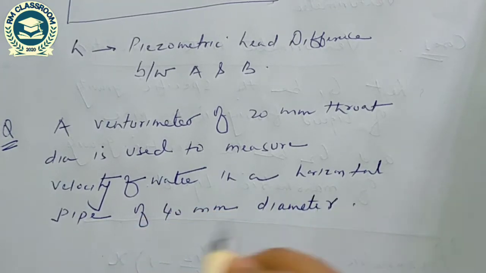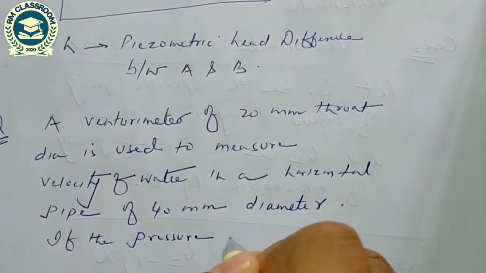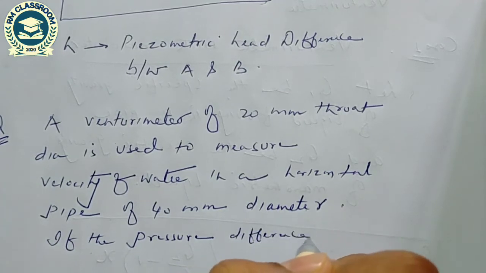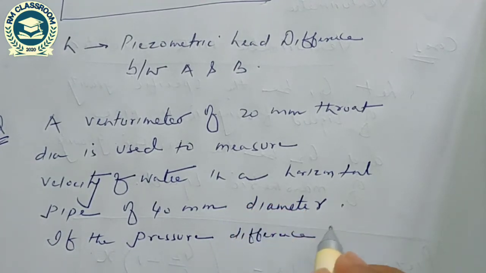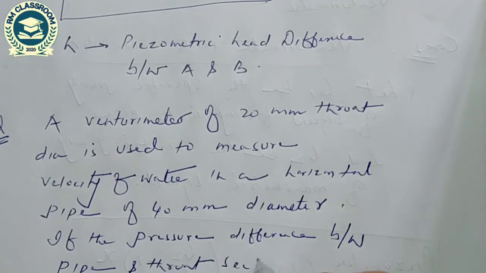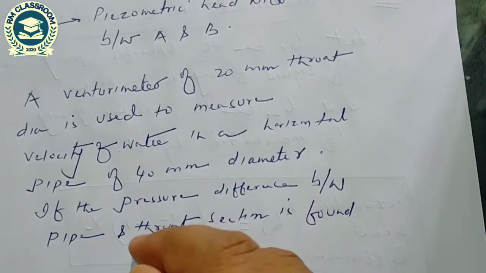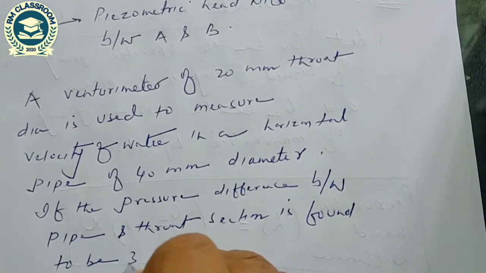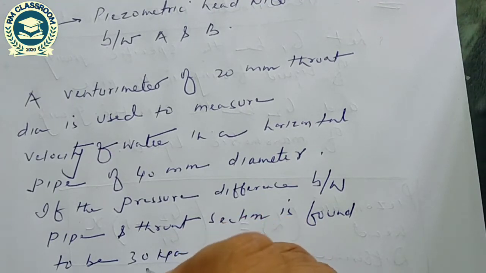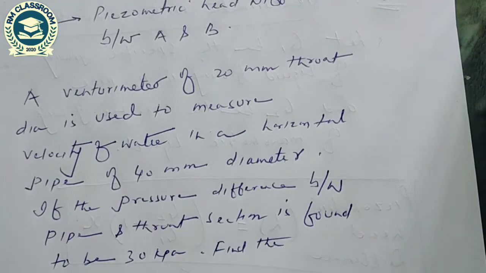If the pressure difference between pipe and throat section is found to be 30 kilopascal, find the fluid velocity.